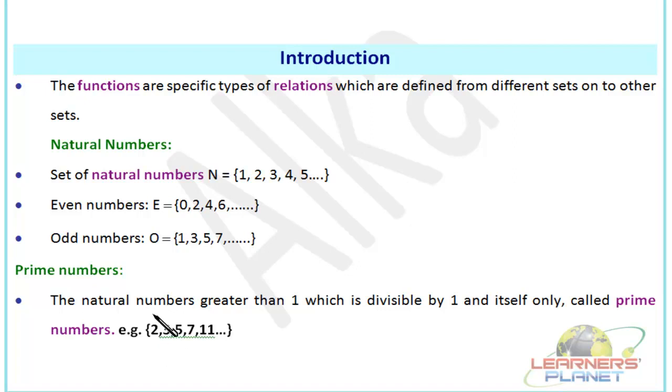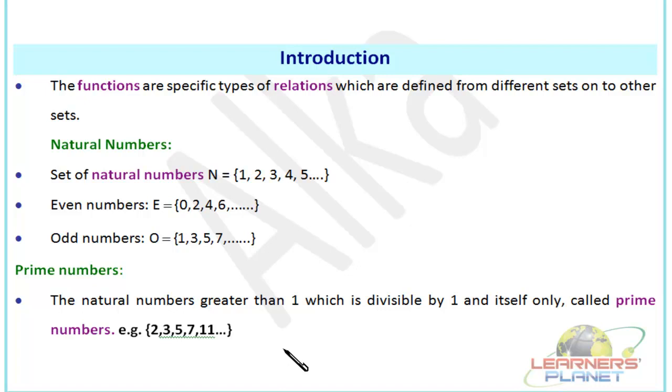Similarly, a special number 2 is there. In the entire series of prime numbers, there is one single even number that is a prime number, that is number 2. So 2 is a special number. Apart from all these prime numbers, the remaining numbers are composite numbers. If we differentiate between prime numbers and composite numbers, what is happening here?